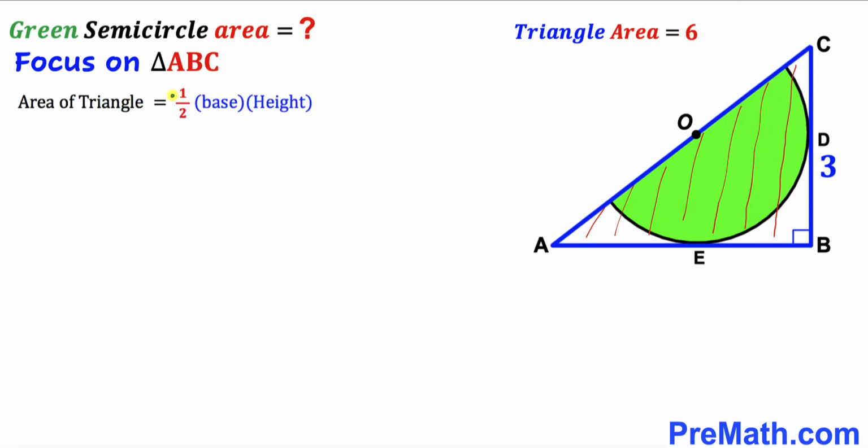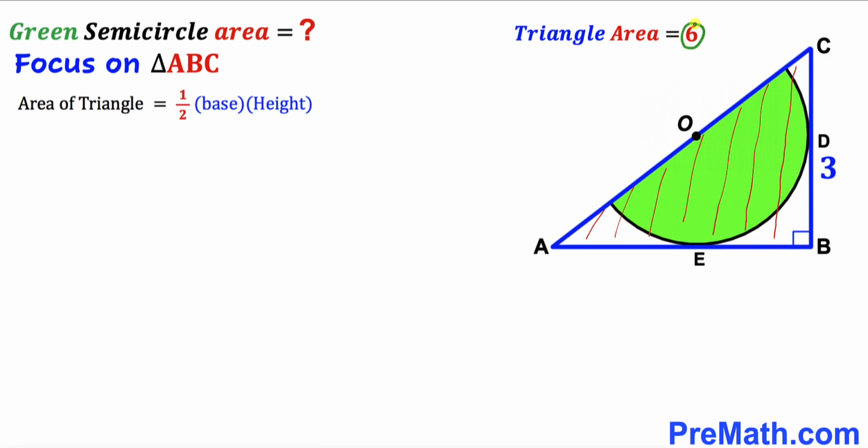Now let's recall the area of a triangle formula. Area equals a half times base times height. In our case, the base of this triangle is AB, the height of this triangle is 3 units, and the area has been given to us as 6.